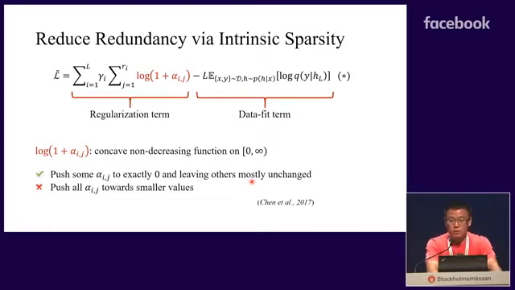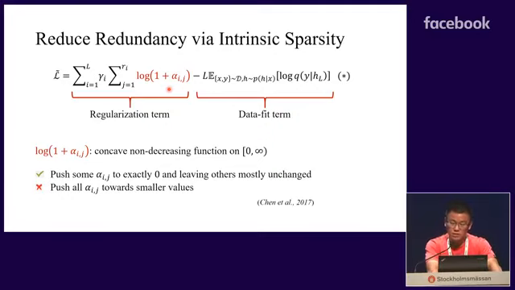First, the regularization term is log(1 + alpha_ij), which is a concave non-decreasing function on 0 to infinity. So loosely speaking, instead of pushing all alpha_ij to relatively small values, such a regularization term will push some alpha_ij to exactly 0, while leaving the others mostly unchanged.